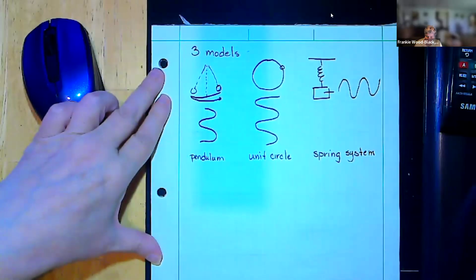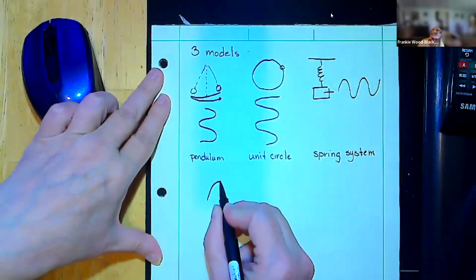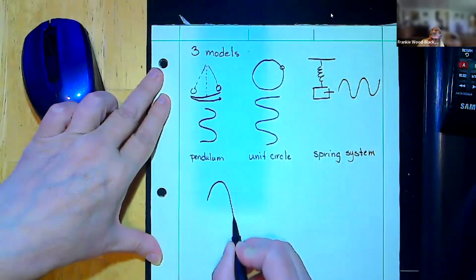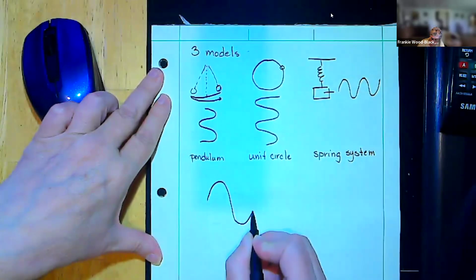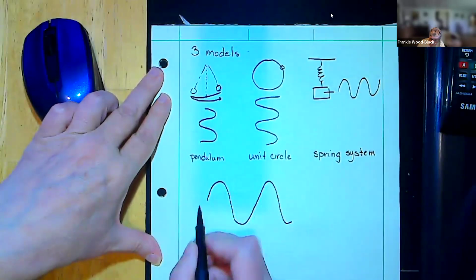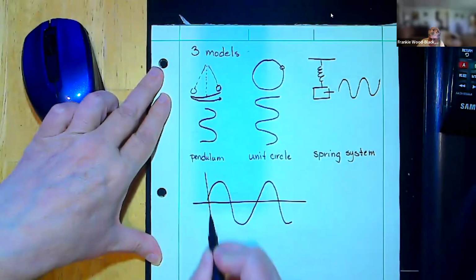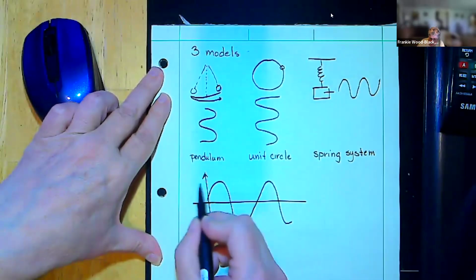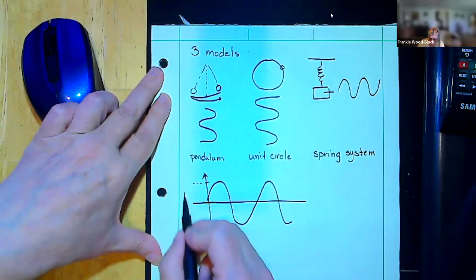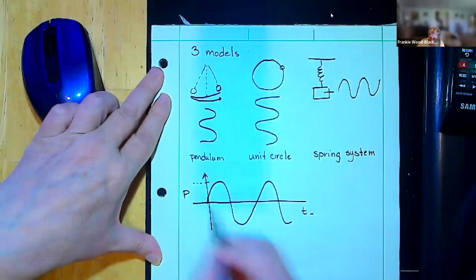Now, if I'm looking at this motion, this is position, and this is time. This would be one complete cycle.